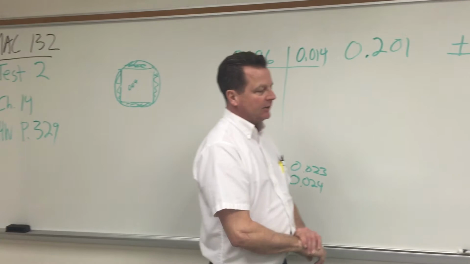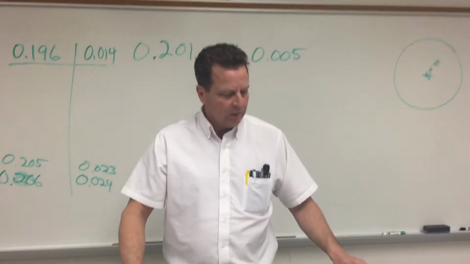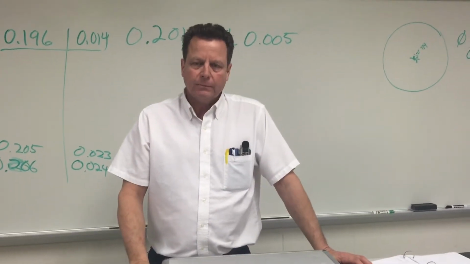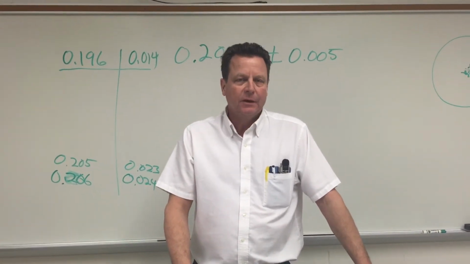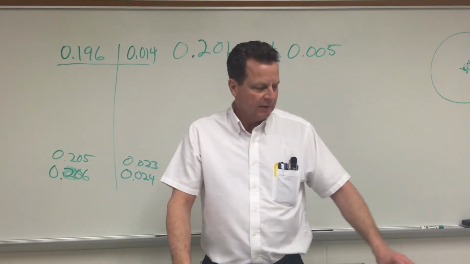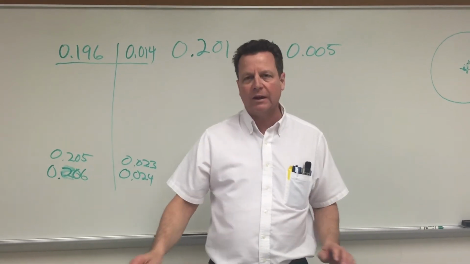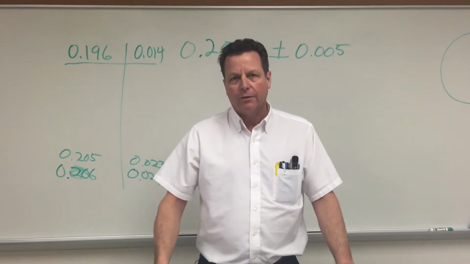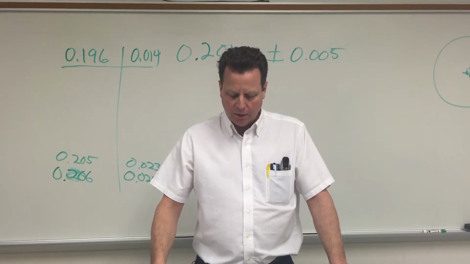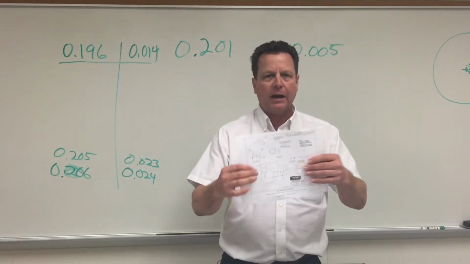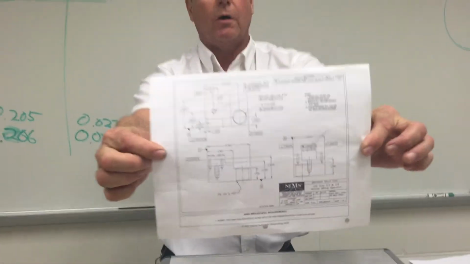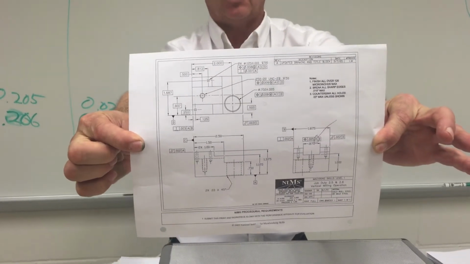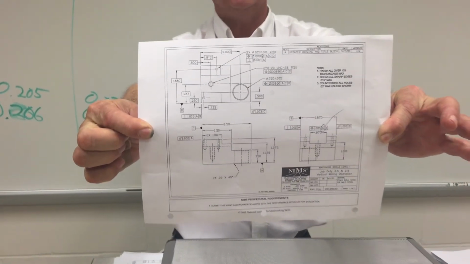So I asked you also to review and do the homework on page 329. Do it several times. And if you want, move on to the next page, which is page 331, and do it again. Another thing I handed out, and I'd like you to study, is this NIMS drawing that has all kinds of GD&T on it.